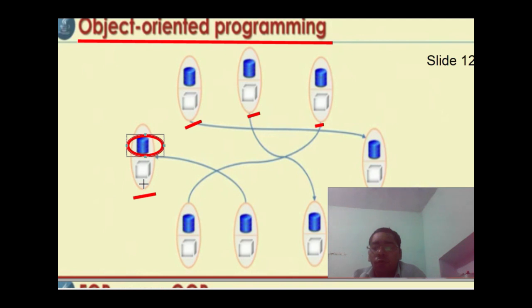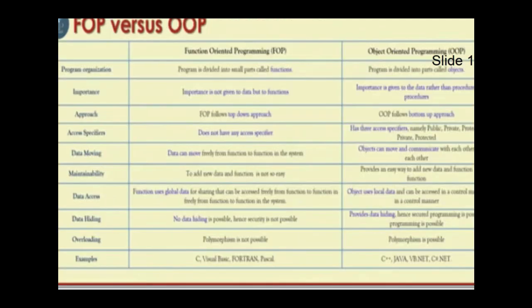If we want to solve a problem, then an object will communicate with another object, and by this communication the program can be solved. Obviously it is interesting to learn how this object communication helps us to solve our problem.